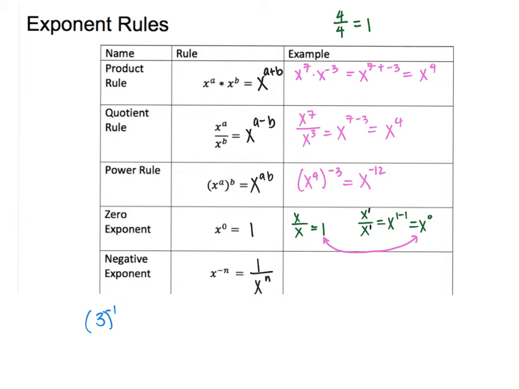If I take (3) to the -1 power, well, it turns out negative exponents are basically saying take the reciprocal. And we've learned that reciprocal just means to flip the fraction. So if I wrote 3 as a fraction, technically it's 3 over 1, right? And if I take the reciprocal, because of this negative exponent, this would be 1 over 3. Now I don't have to deal with a negative exponent because I've taken the reciprocal.